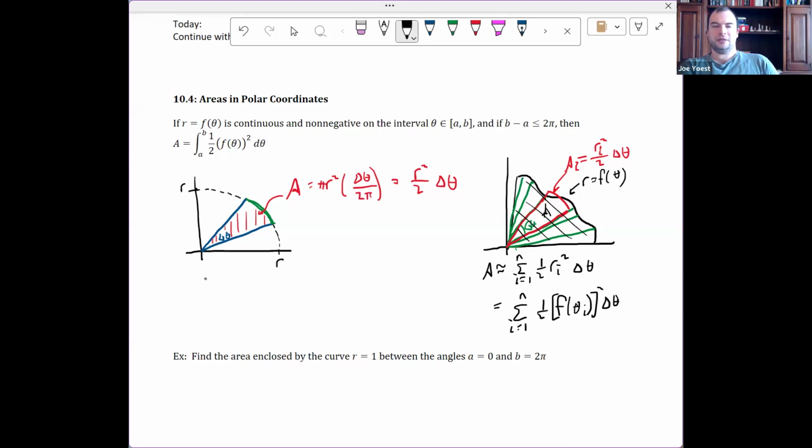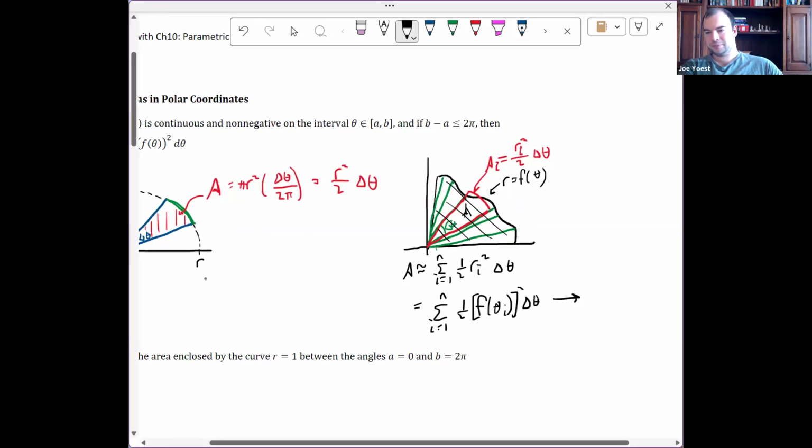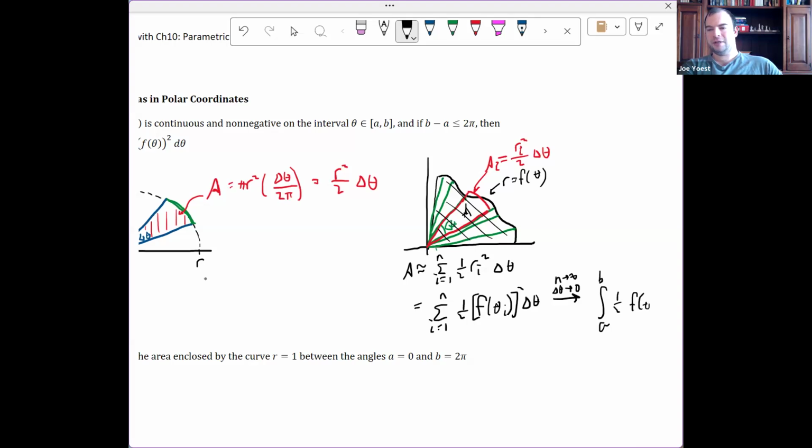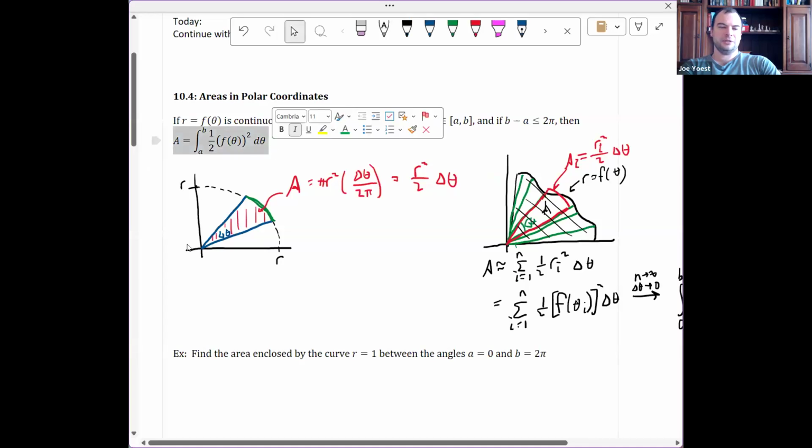And then we let delta theta go to 0 and the number of slices go to infinity. And this goes to the integral from a to b of 1/2 f of theta squared d theta, which is exactly what we have up here.